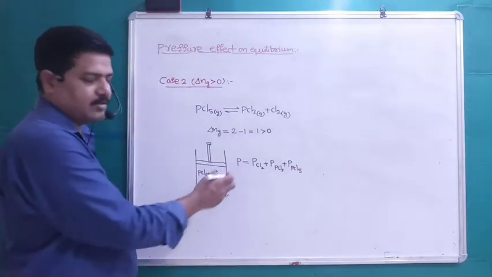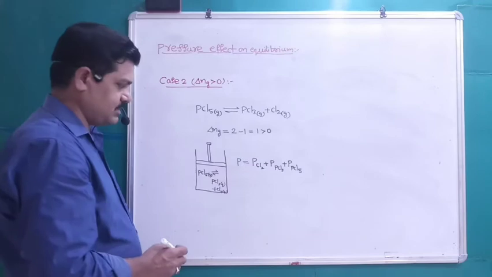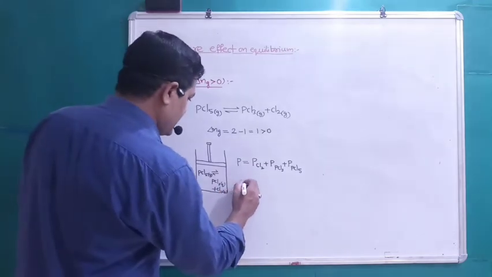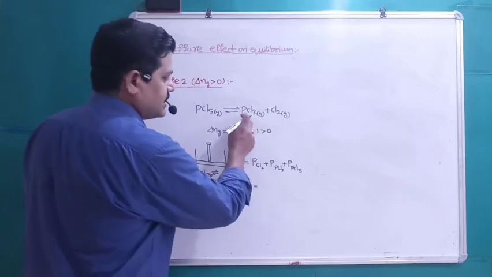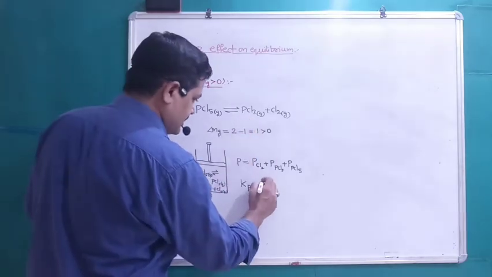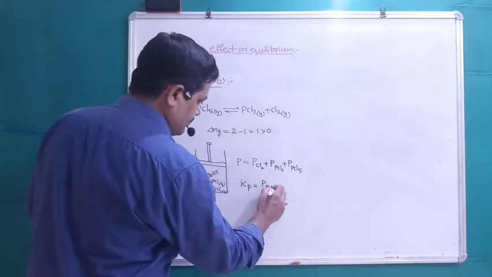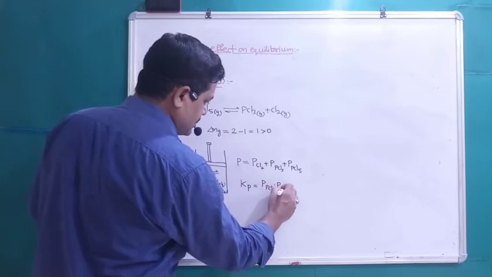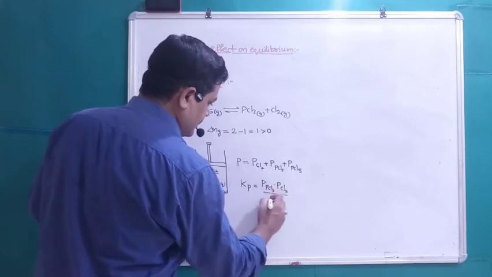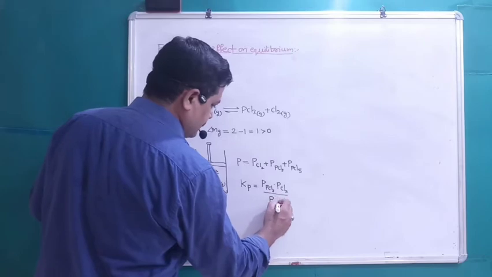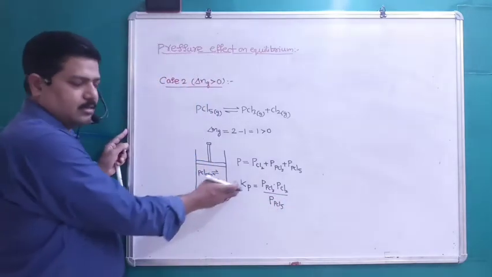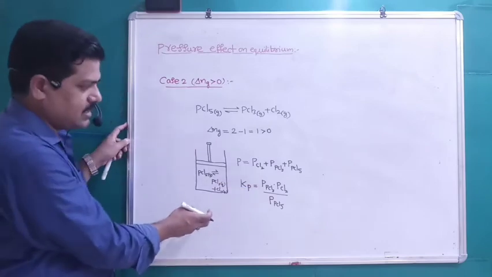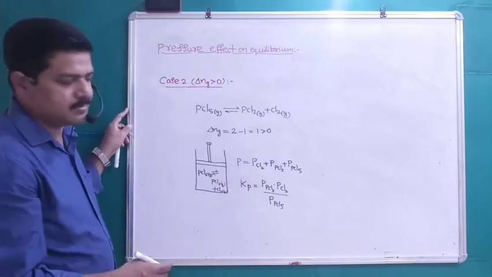Then the Kp expression is Kp equal to partial pressure of PCl3 multiplied by partial pressure of Cl2 divided by partial pressure of PCl5, right? This gives us Kp, the equilibrium constant in terms of partial pressures.